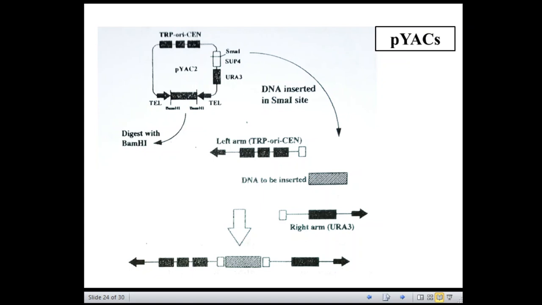Stable maintenance and replication of foreign DNA fragments up to 2000 kilobase pairs have been carried out using the yeast artificial chromosome cloning vector, and because of this they are the main vector of choice in various genome mapping and sequencing projects.